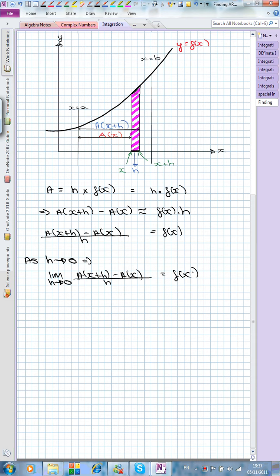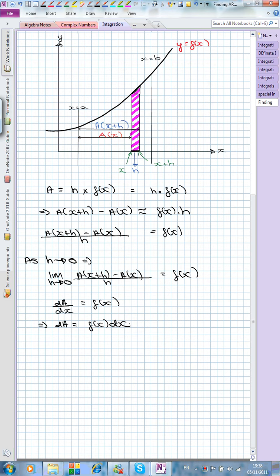Now we all recognize this formula as being our differentiation from first principles formula, so I can rewrite this to become dA/dx is equal to f(x). So dA/dx is equal to f(x), therefore dA is equal to f(x) dx, just by manipulation.